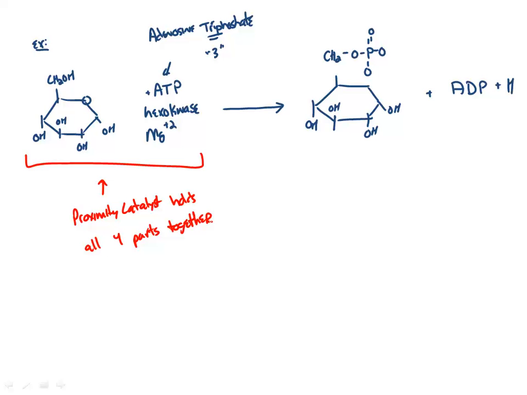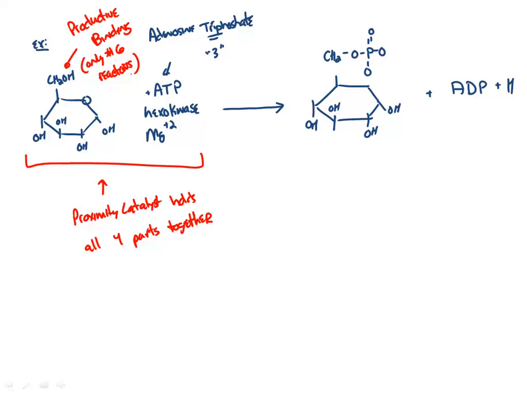And then what productive binding says is that only that carbon is allowed to react. Means only the number 6 carbon reacts. Because you really can put a phosphate on any of those OH groups. There's nothing that says you can't do it on the 1, 2, 3, 4 carbons. You really can't put it on the number 5 carbon because it's part of the ring.